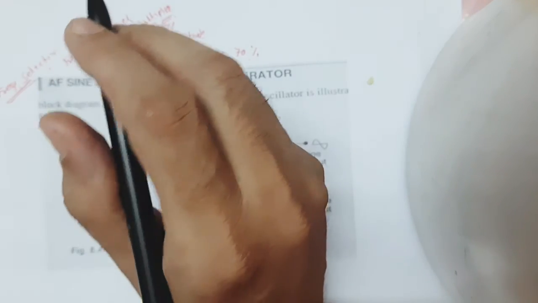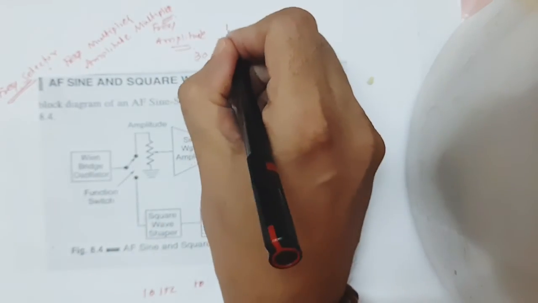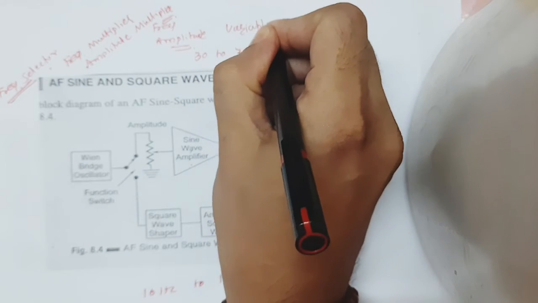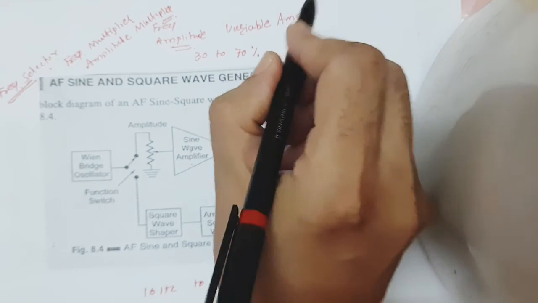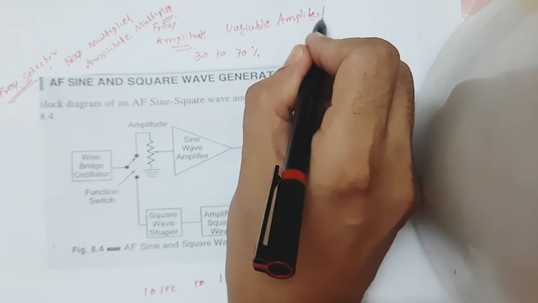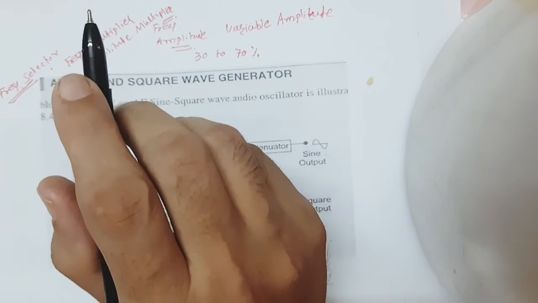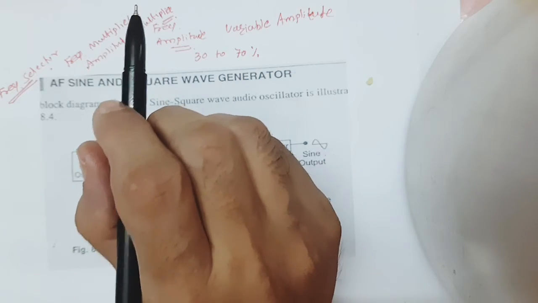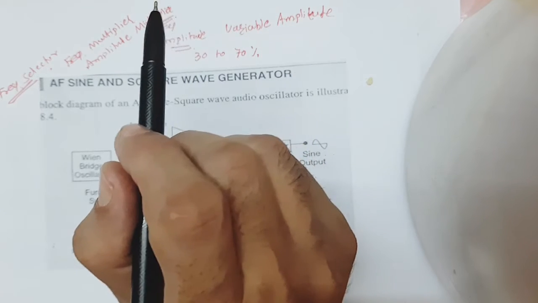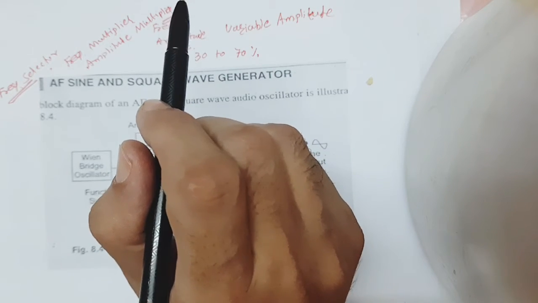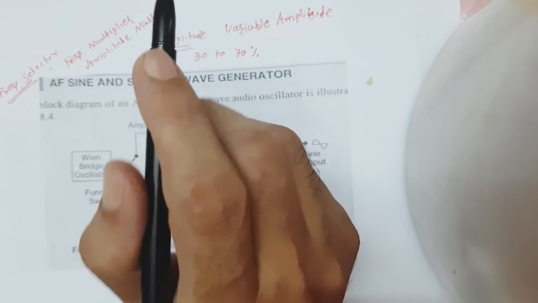Next one is variable amplitude. This switch attenuates the sine wave amplitude continuously.